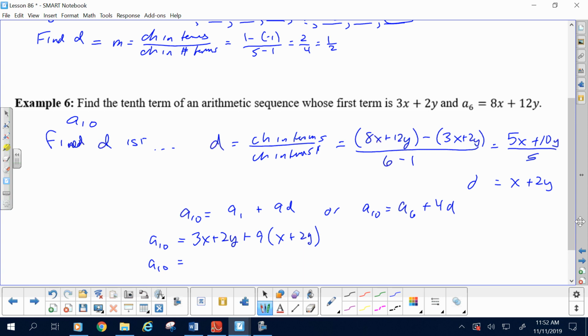It goes up by an x 9 times. Where does that put me? 12x. Okay? The y's started at 2y and went up 2y 9 times. So altogether it went up 18 y's from 2y. That puts me at 20y.